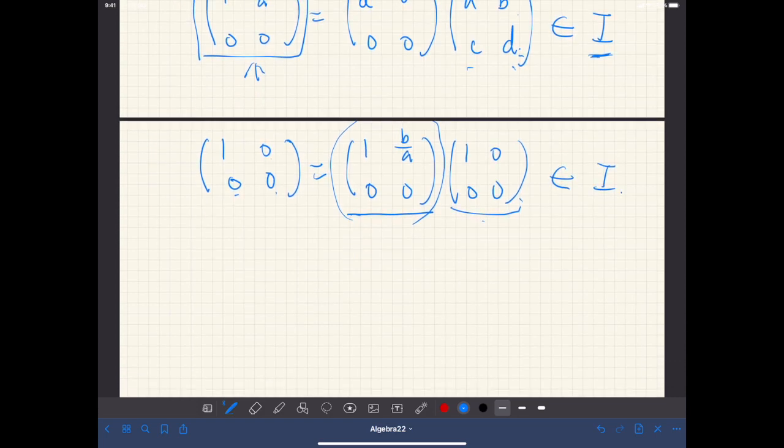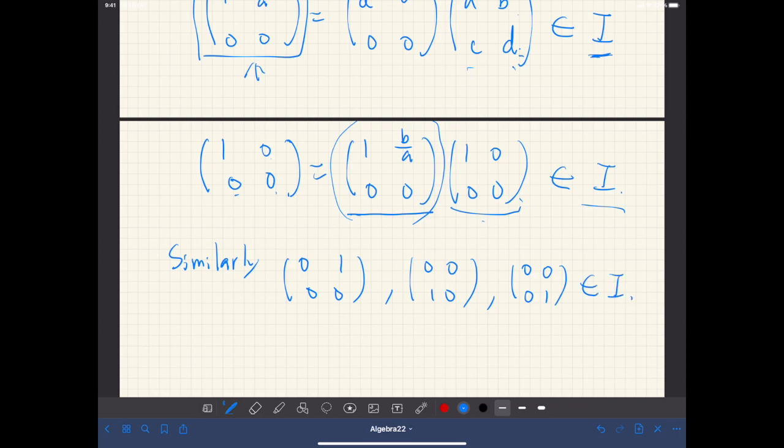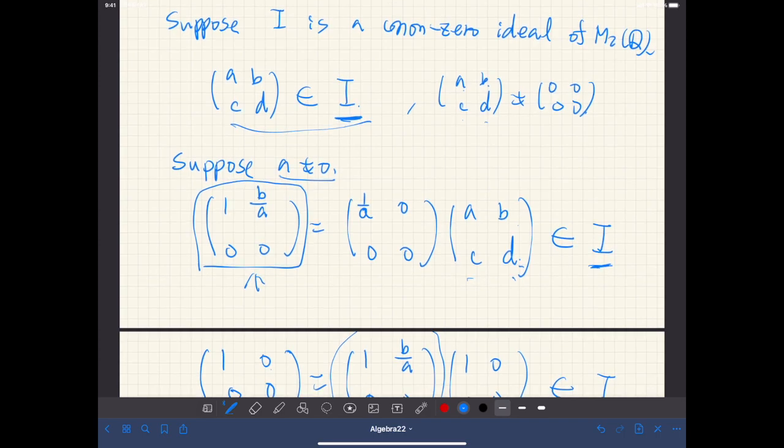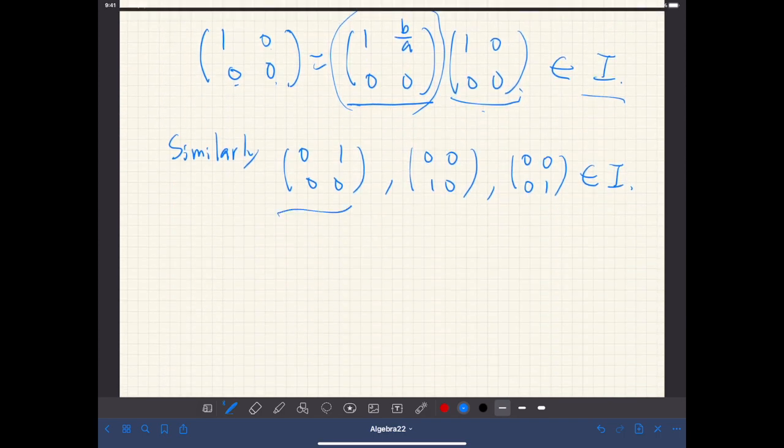Therefore, this matrix 1, 0, 0, 0 is an element of I. Similarly, we can show that 0, 1, 0, 0 and 0, 0, 1, 0 and 0, 0, 0, 1 are elements of I. Just like this, assume B is non-zero, then we can show this is an element of I. Assuming C is not zero, then this is an element of I, and so on.